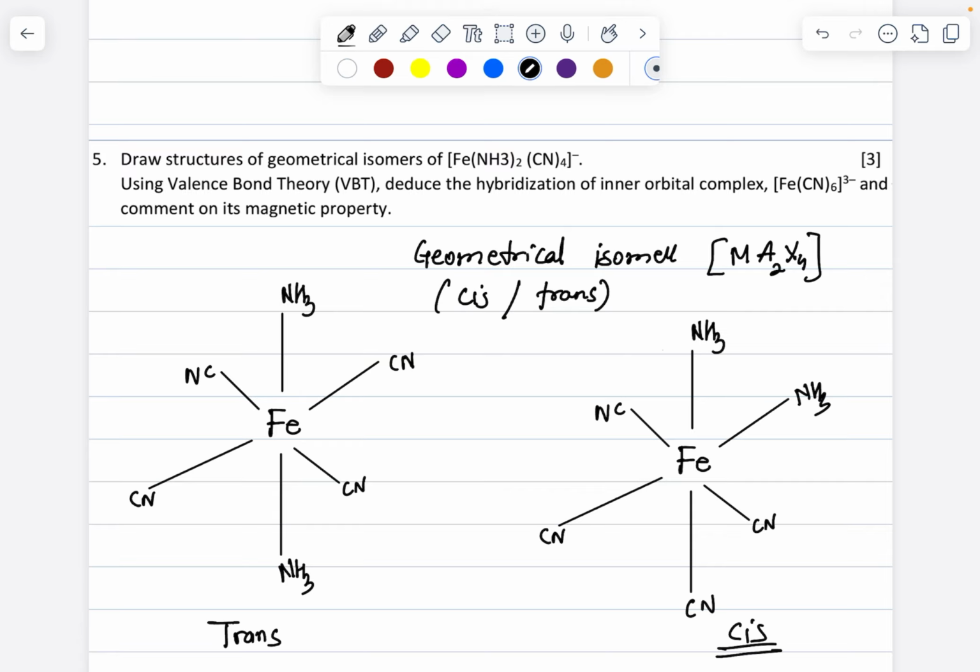Using valence bond theory, deduce the hybridization of the inner orbital complex [Fe(CN)6]3- and comment on its magnetic property.